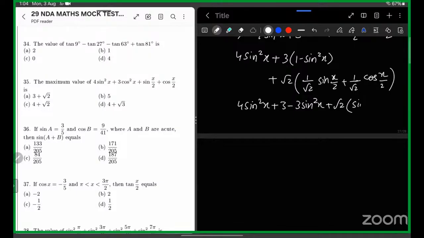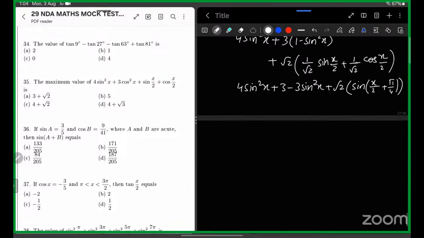I can write it as sin of a plus b, that is plus 5 by 4, like this. Now, if I want the max, this can be written as again 3 plus 5.